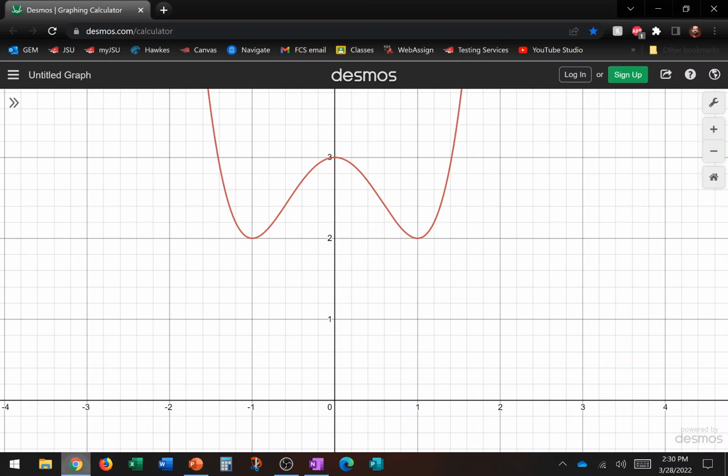Let me see if I can get us a point somewhere in there. Somewhere in that area. Well, went too far. Really touchy. Somewhere in there where our concavity changes.